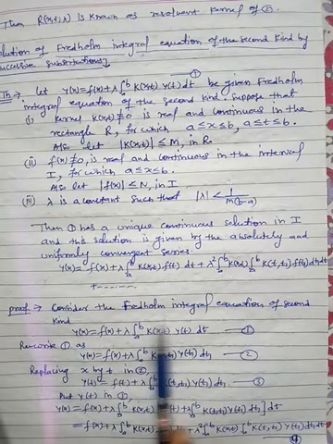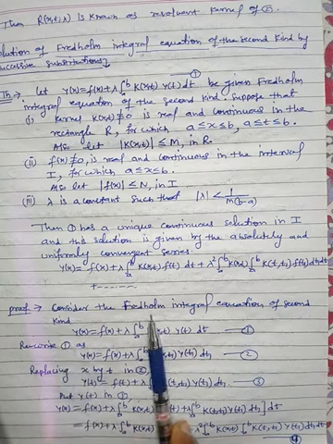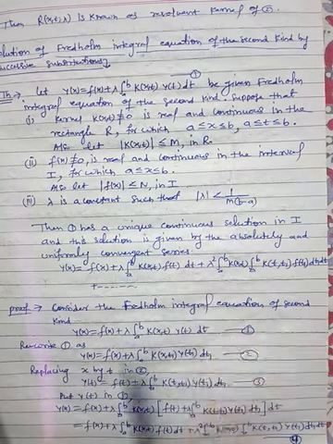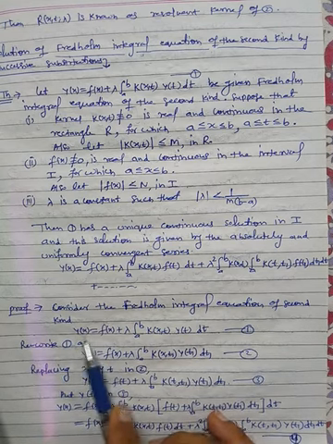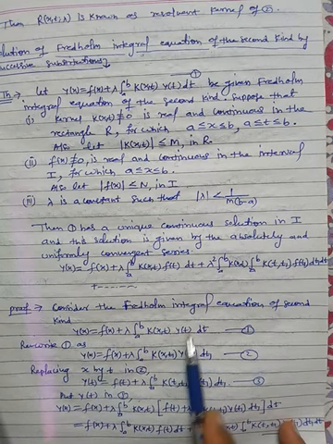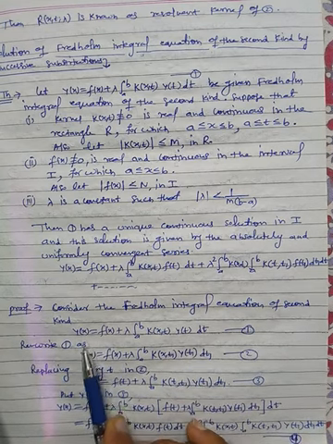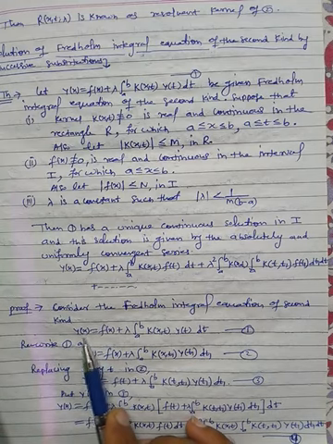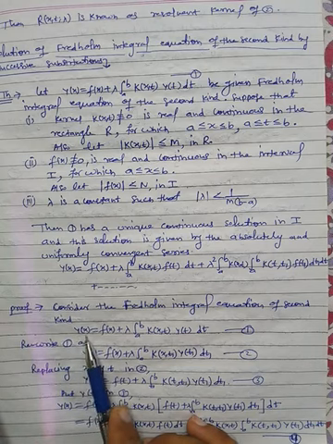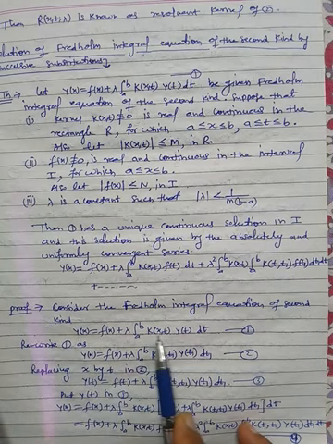So here consider the Fredholm integral equation of the second kind. This equation. Here you will see that here we have y of x, here we have y of t. So just replace x by t here. Fine. So if you replace it, then here will be y(t), here is f(t), and K(t,t).